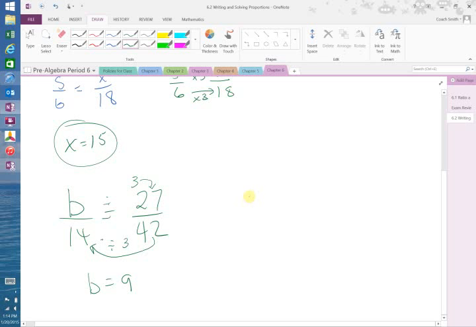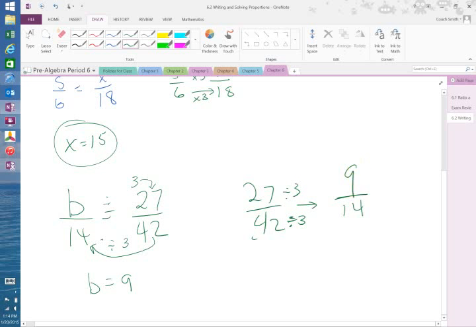In other words, we had the equivalent fraction like this. Let me redo it this way. We reduced it down to where there is 14 on the bottom here, so we divided the top and bottom by 3.